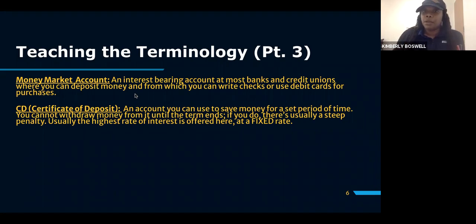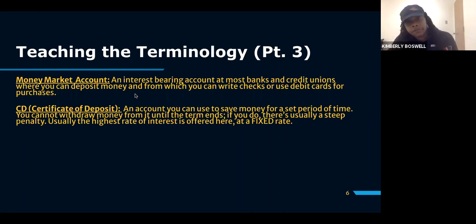For the MMA, you can write checks from it and you can get a debit card associated with it, but you wouldn't want to. These accounts, I would say, would be geared towards more passive investing. So it's somewhere where you need to leave your money, but you're going to leave it for a specific period of time.